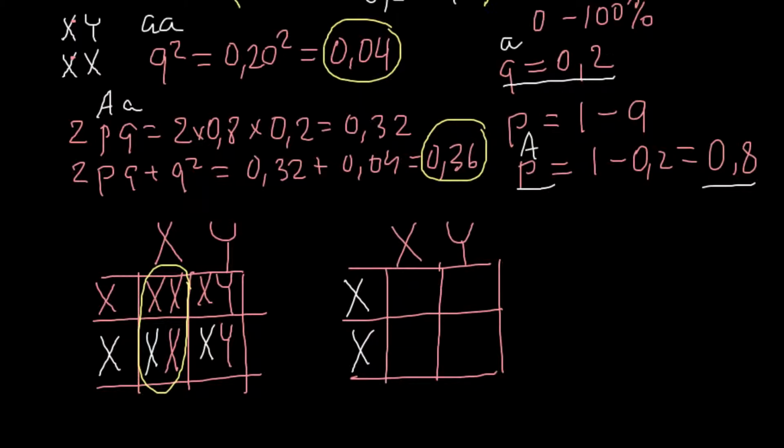As you see here, we would have an X with the defective allele, and this is going to be a female that is phenotypically normal but would be a carrier.